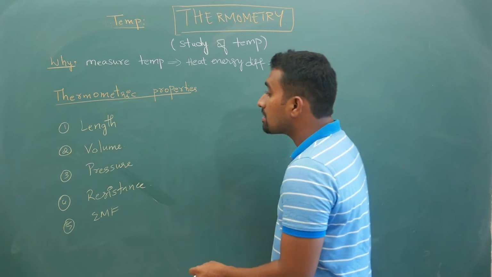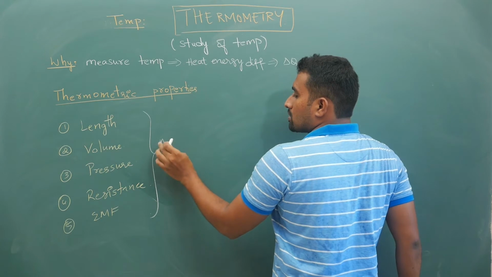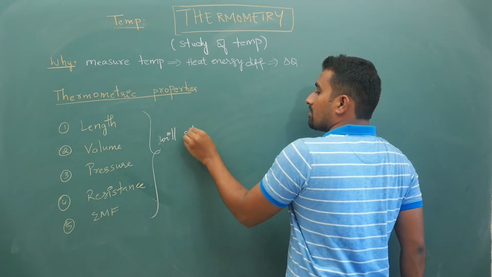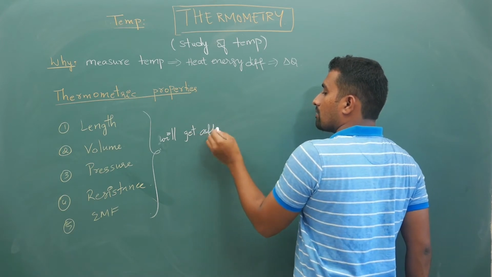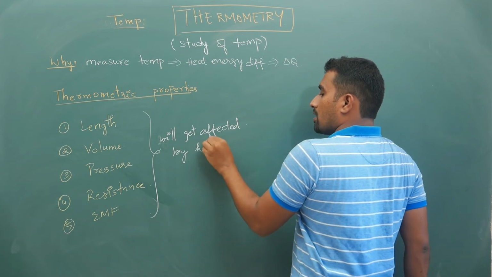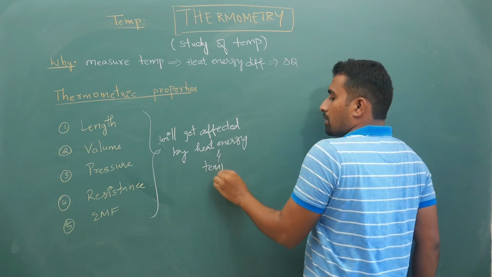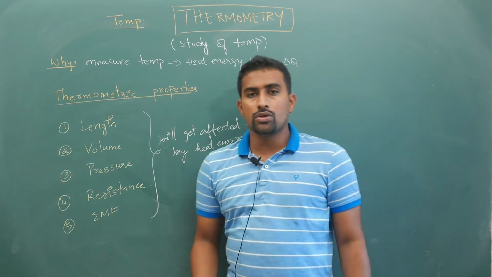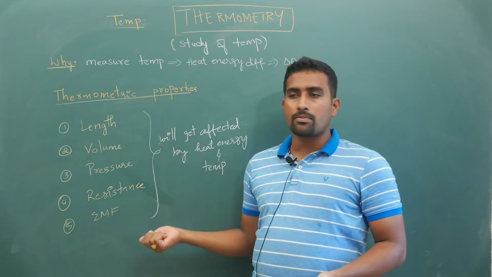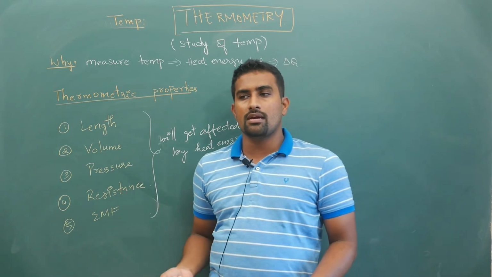Thermometric properties means all these will get affected by heat energy and temperature. Usually if you take length it will expand, if you take volume it changes, if you take pressure it changes, if you take resistance it will change, if you take EMF it will change.